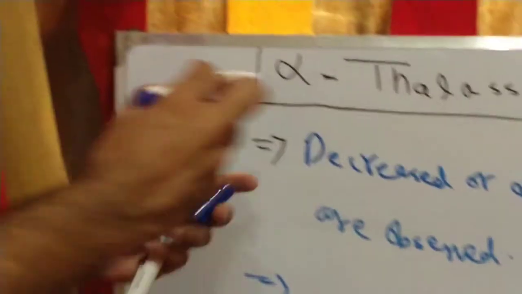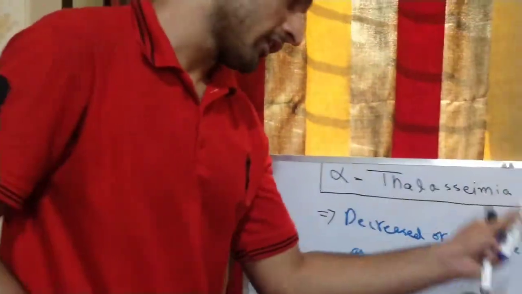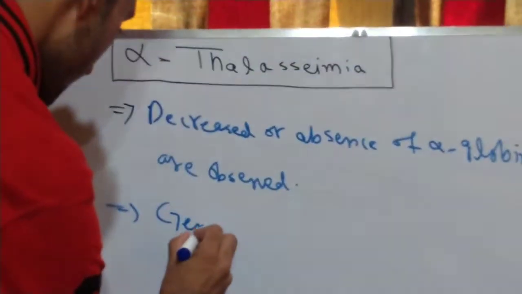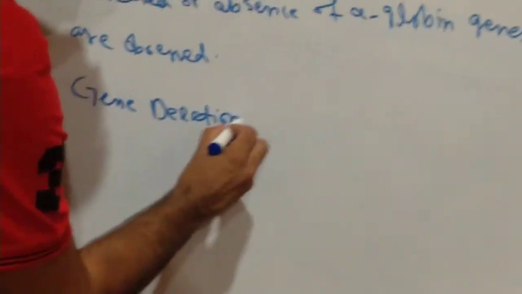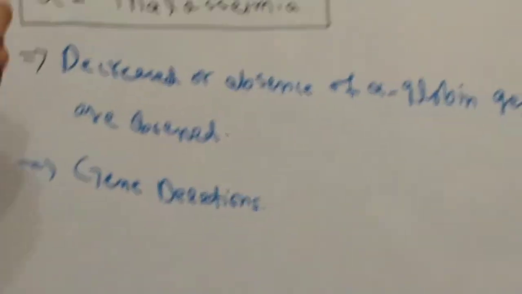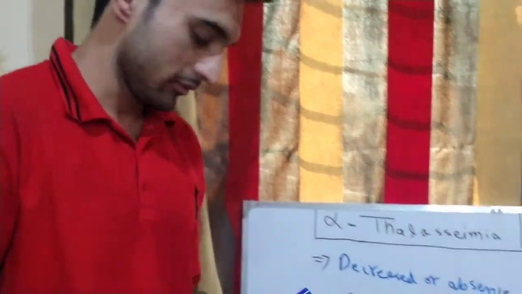What is the cause which leads to the decreased or absence of the alpha globin genes? The cause is the gene deletions. The healthy genes are completely deleted or removed, which leads to the alpha thalassemia.